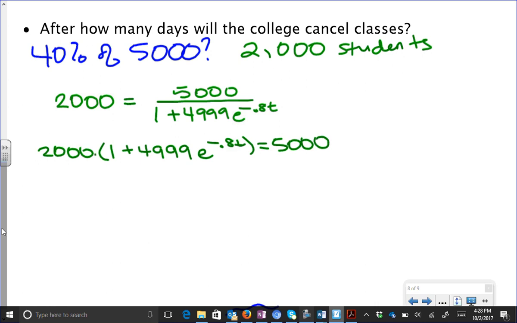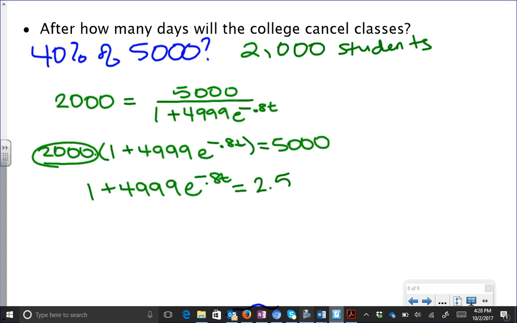And then I would go ahead and take this 2,000 and divide it over. So we have 1 plus 4,999e to the negative 0.8t equals 5/2, right? 2.5 would be fine.